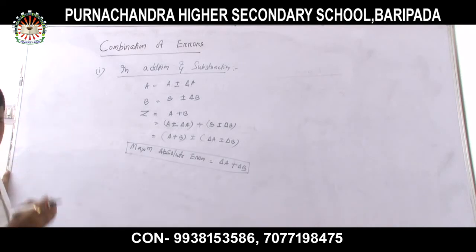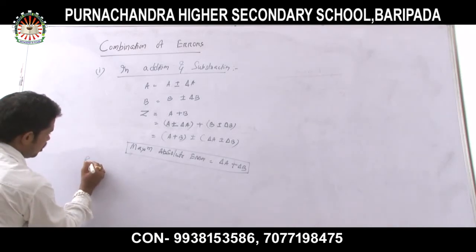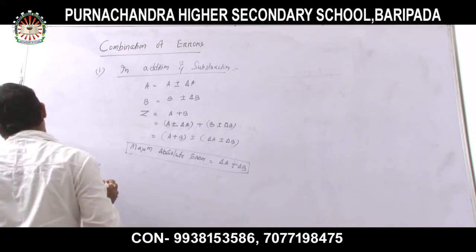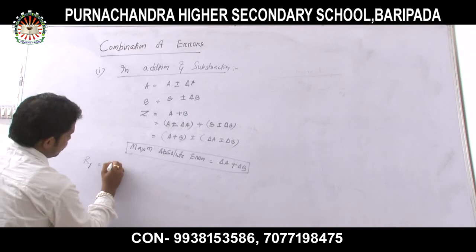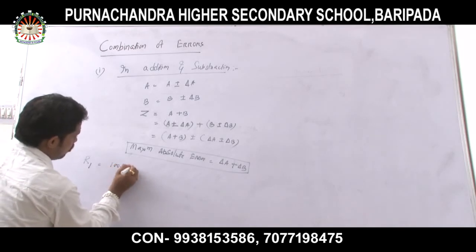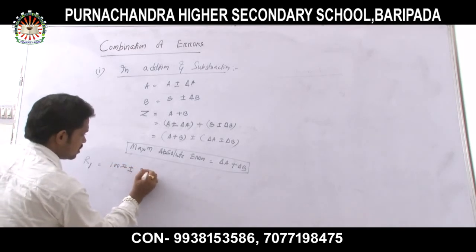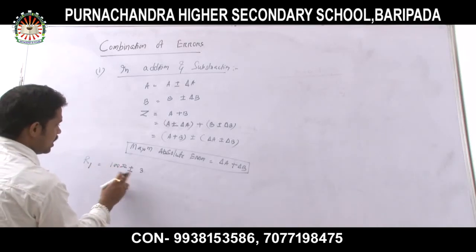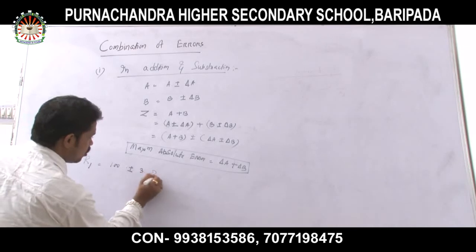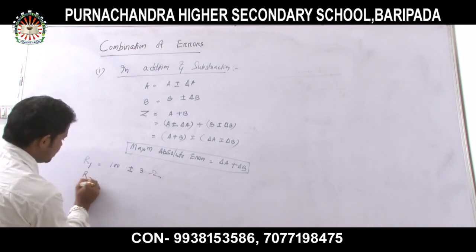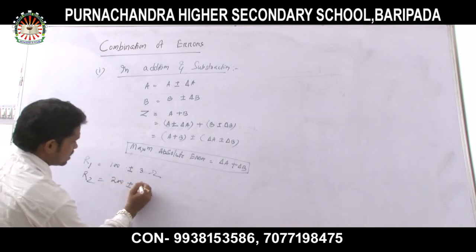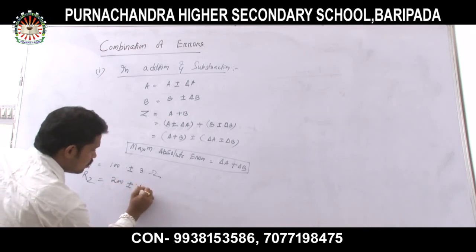Let us take an example. Suppose there is a resistance R1 equal to 100 plus minus 3 ohm, and there is a resistance R2, that is 200 plus minus 4 ohm.